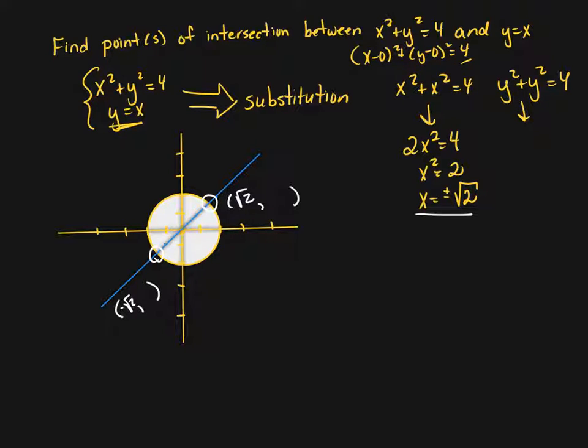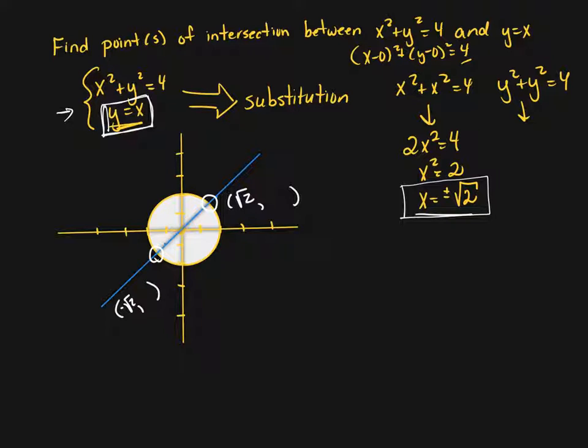Now, just like we would if we had a linear system, we're going to take what we found x to be and plug it into one of the original equations of our system to find out what the y's would be. Well, don't you see that this would be absolutely positively the easiest one for us to look at? This tells us that y and x are the same thing.